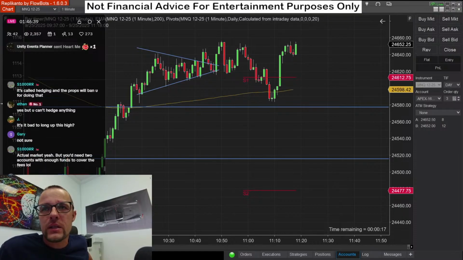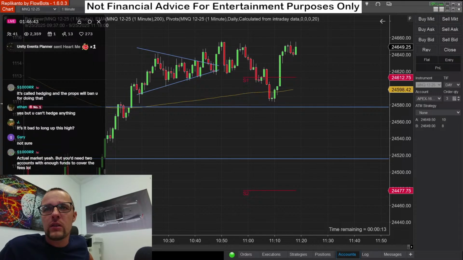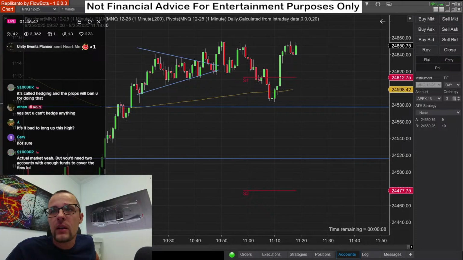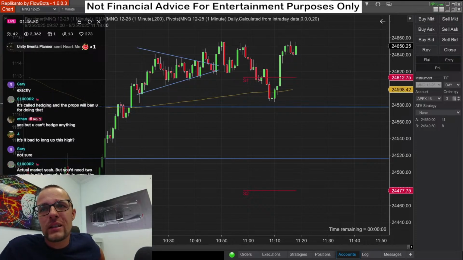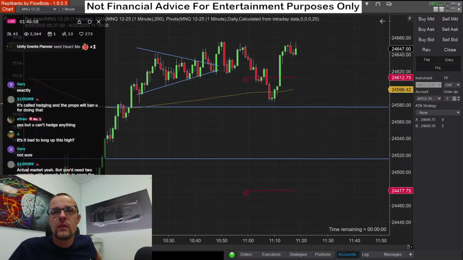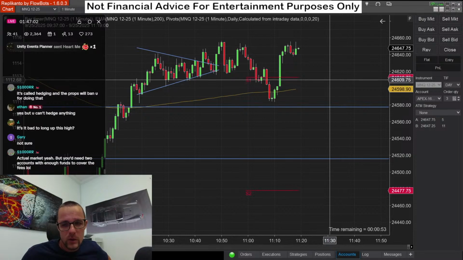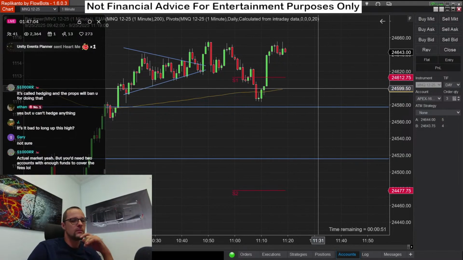In the United States, for example, certain forms of forex hedging, such as holding long and short positions on the same currency pair, are prohibited. So it just depends. It could be prohibited in forex with certain pairs. So yeah, don't do it with prop firms.